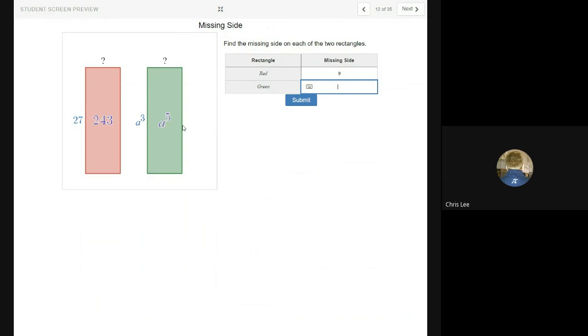A to the power of 2. So let's try that, a to the power of 2. And you can see that that splits up into 3 cubed and 3 squared, which is 9. And a to the power of 5 splits up into a to the power of 3 times a to the power of 2.